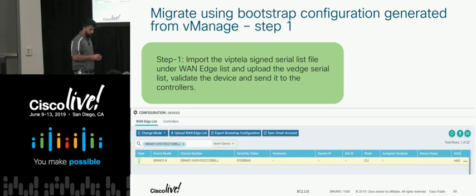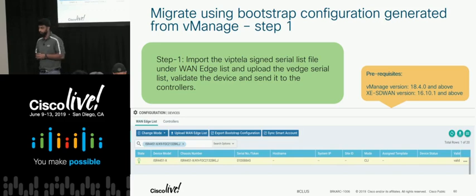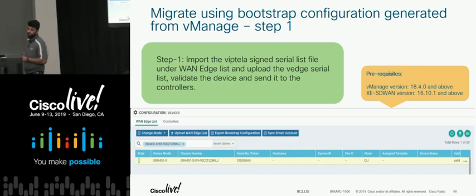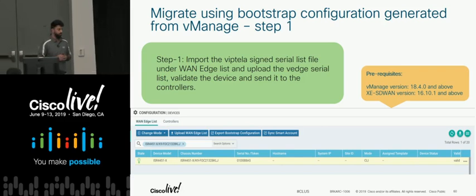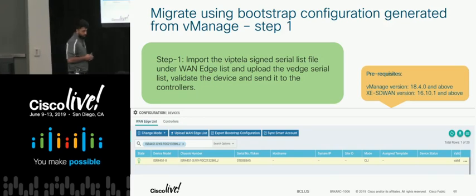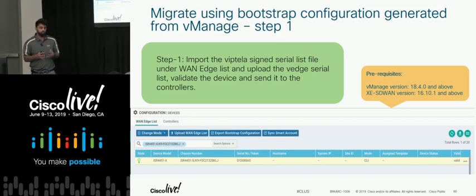To begin with, the prerequisites for this are 18.4.0 for the vManage controllers version, and XE SD-WAN 16.10.1 or higher. This comes in handy when the ISP did not give you a DHCP address. There is another method: if there is DHCP, you can just go through the PNP process itself.